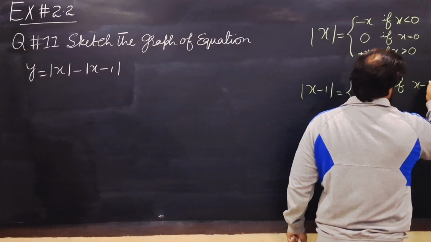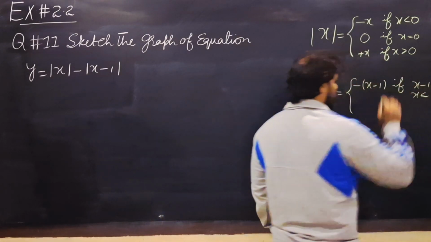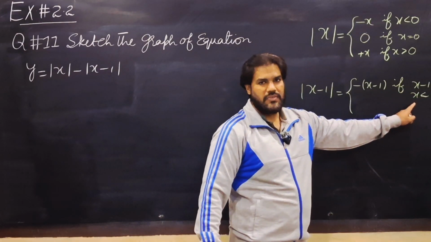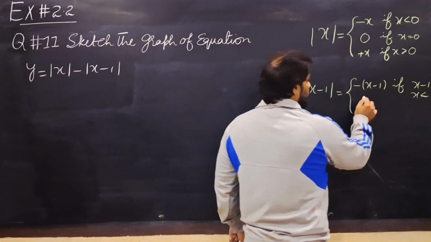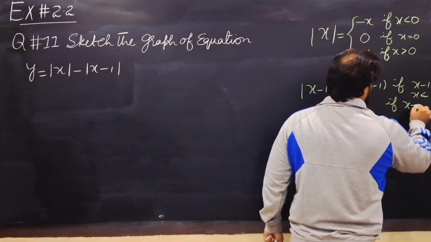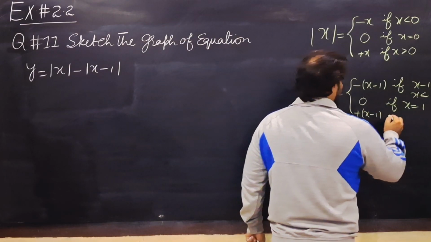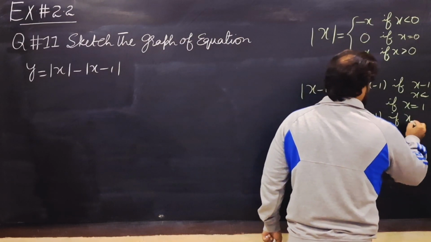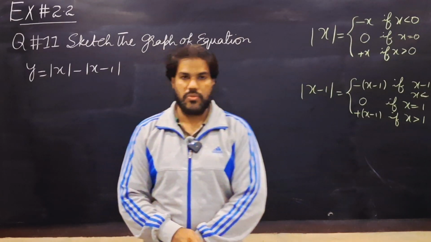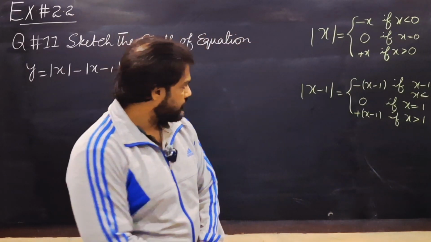When x minus 1 is less than 0, it means x is less than 1. This is equal to 0 if x is equal to 1. This is positive x minus 1 if x is greater than 1. So these are the definitions of both absolute values involved in the question.